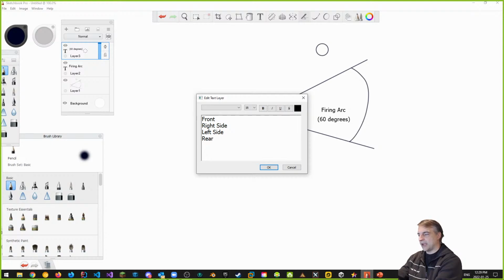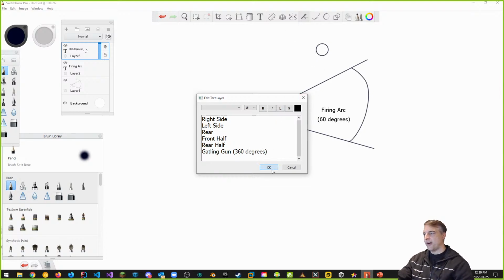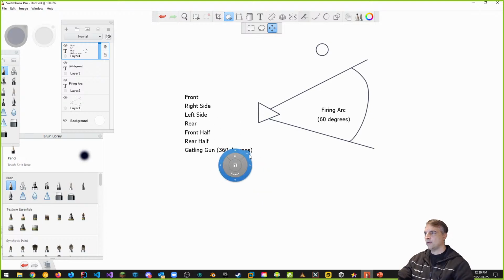Or you can have something like the front half, so you have a weapon that can turn quite a bit, or the rear half. And you can, of course, have some kind of Gatling gun that fires in 360 degrees.